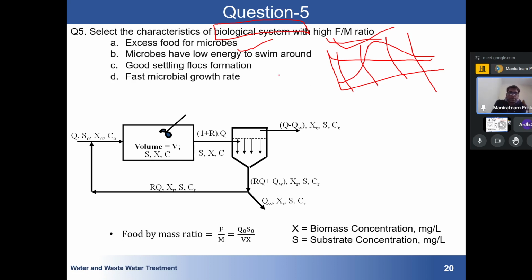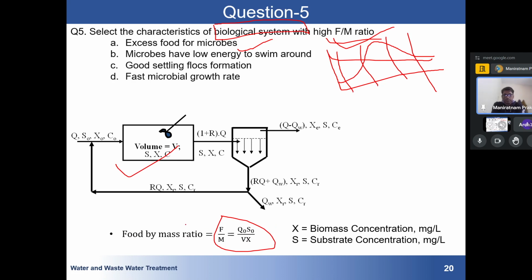So this is a mathematical expression. Food is the substrate concentration that is coming from the wastewater, and this X, also known as biomass, is the amount of biomass. What is biomass? Biomass is microbes, and the formula is Q naught S naught divided by volume times the biomass concentration present in the tank.